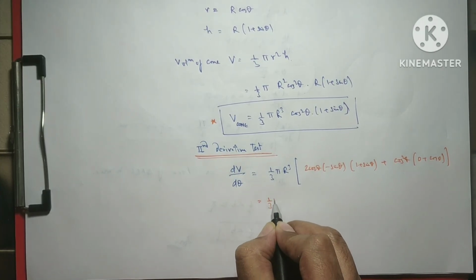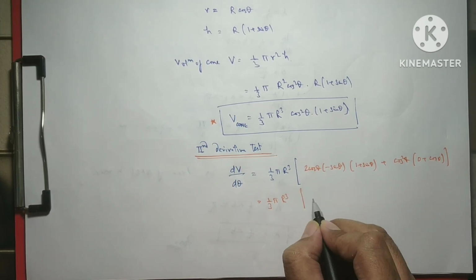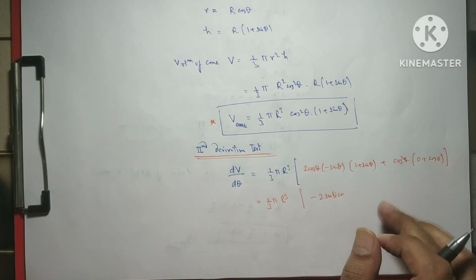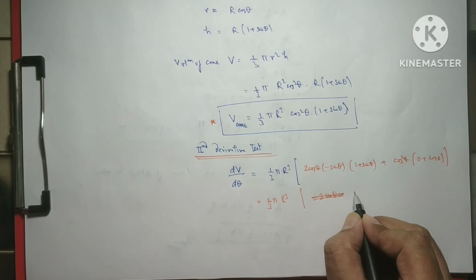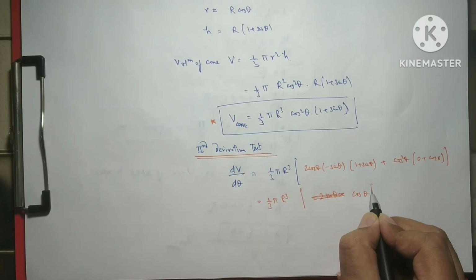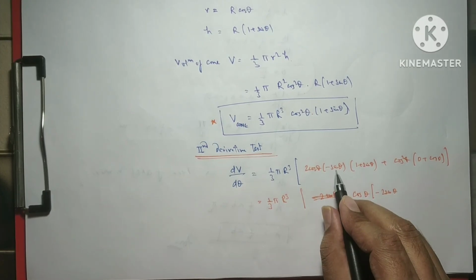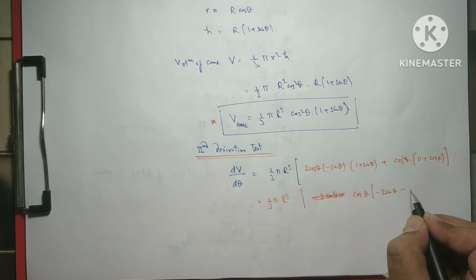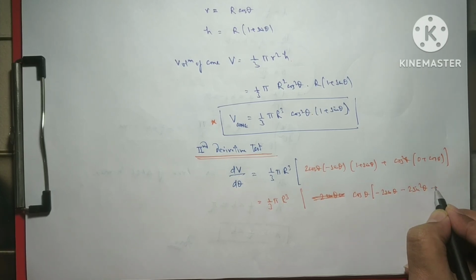Means 1 over 3 pi r cube, and it is minus 2 sin theta cos theta, or we can take cos theta as common. So cos theta on taking common, it will be minus 2 sin theta, and minus 2 sin square theta, and there is cos square theta.